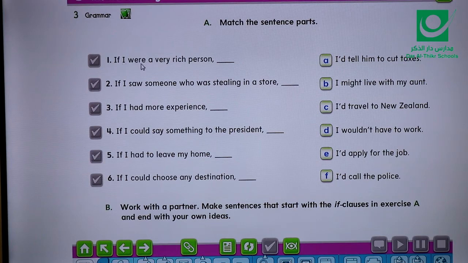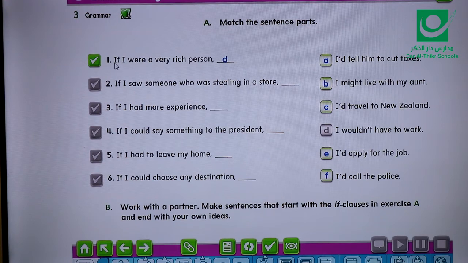But regarding conditional sentences, in imaginary situations, we have to use were instead of was. So I say if I were, if it were, and so on. Don't forget, please. If I were a very rich person, what do you think? The answer is yes: I wouldn't have to work.